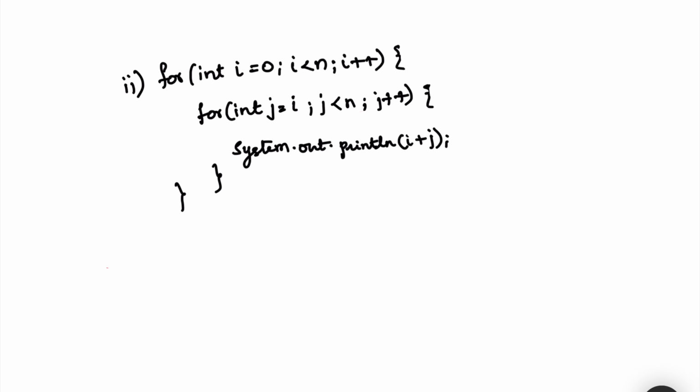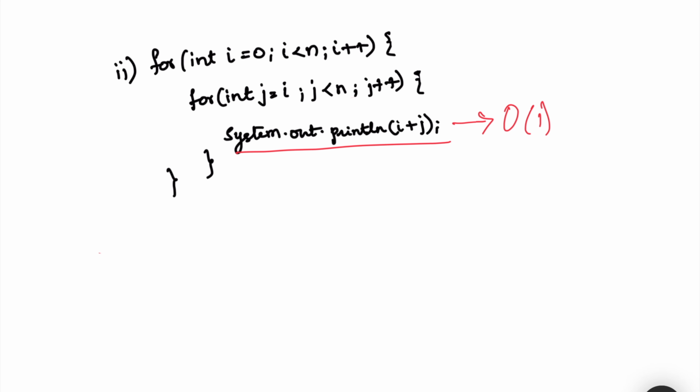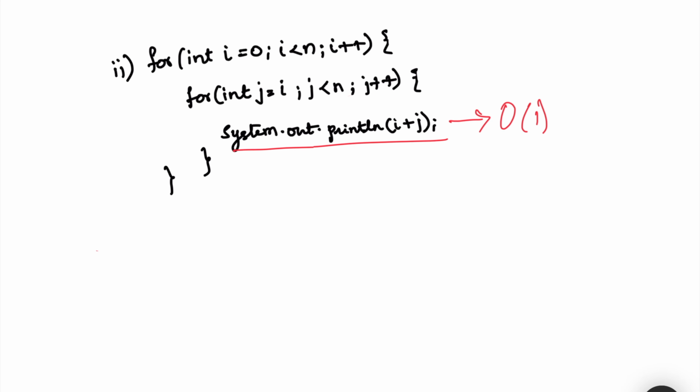Here we have two for loops, so that is nothing but nested for loops, and again a simple print statement, which takes constant time, so Big O of 1. Now we have to see how many times these two for loops iterate. Again let's take a small input size of 3.